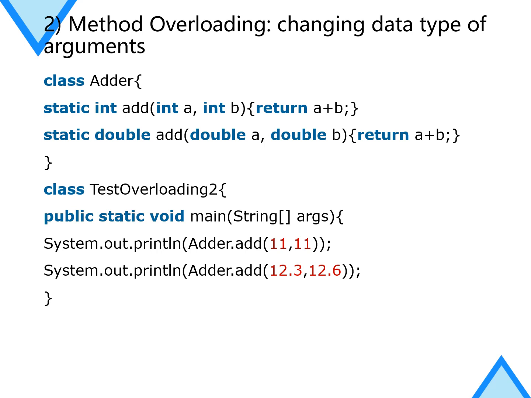Again we are not creating any instance of the class because we keep the method static. So the first output is from passing two integer arguments, and the second output is the result of the addition of two floating point numbers.